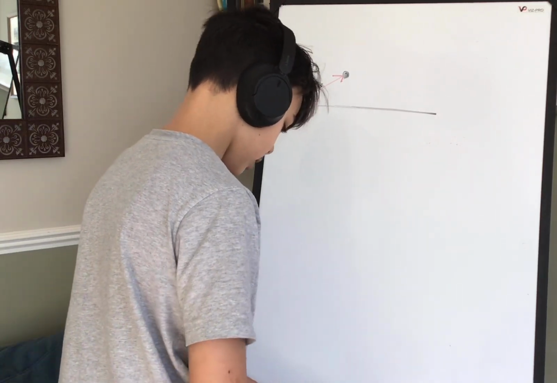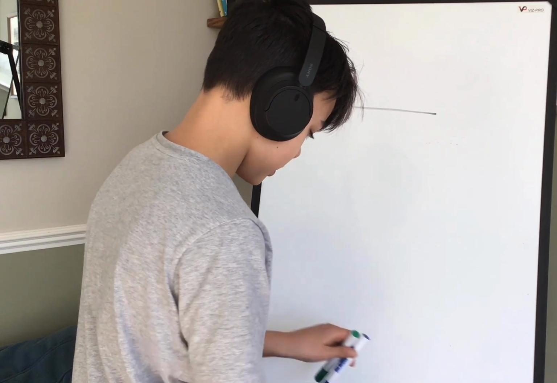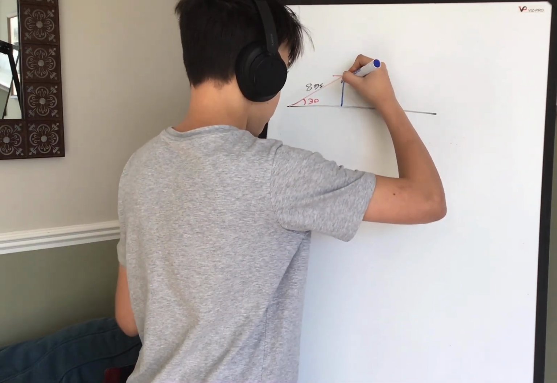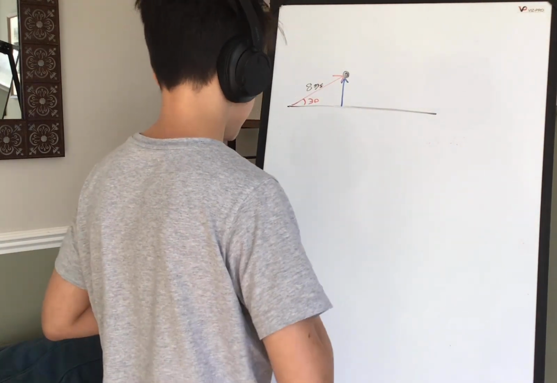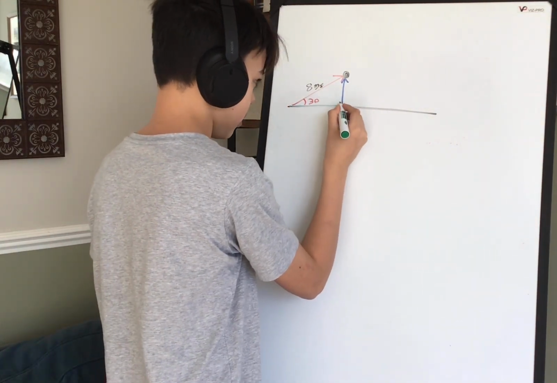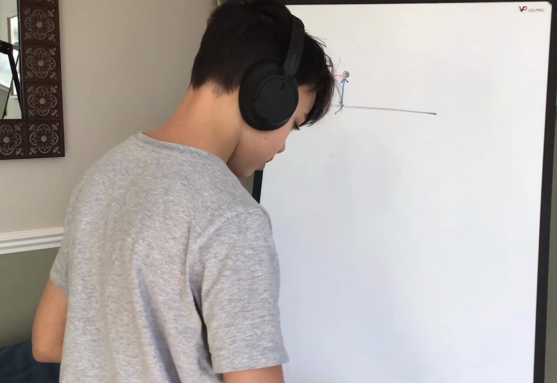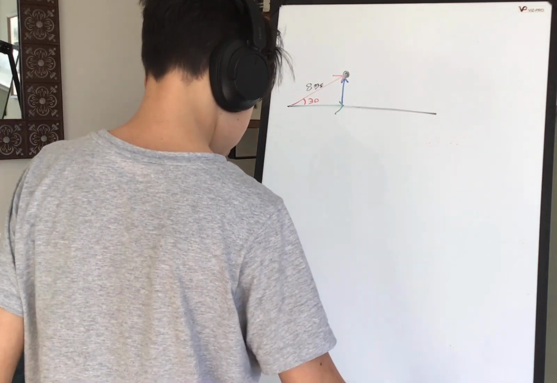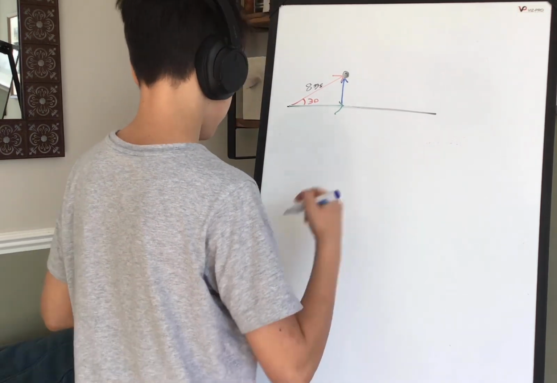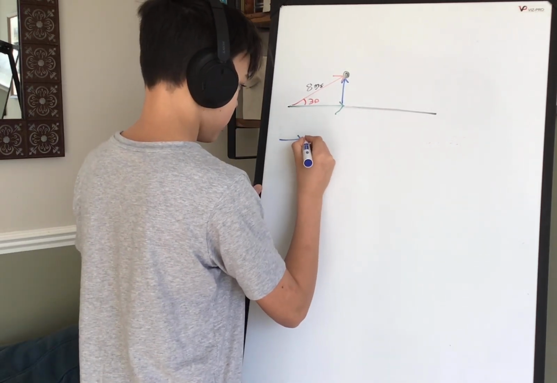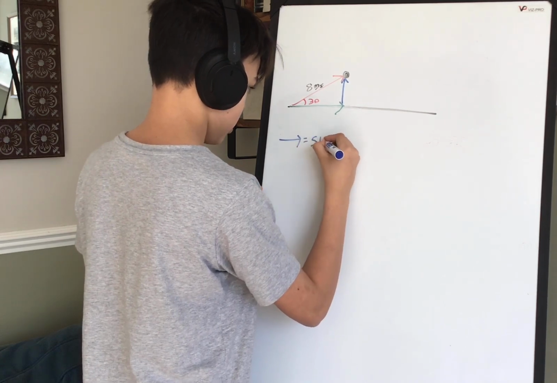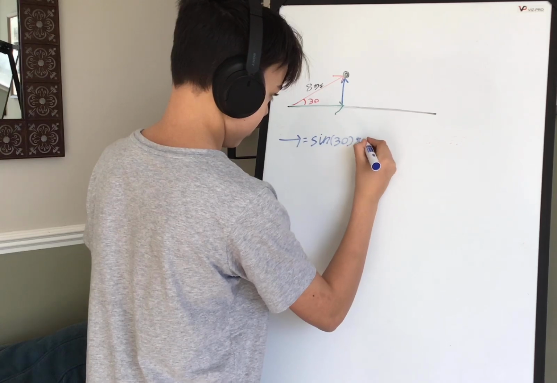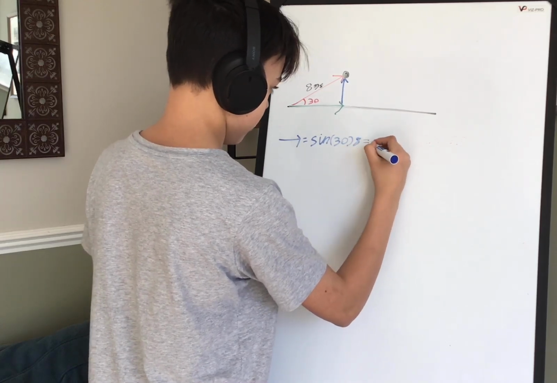Firstly, I'd like to break this initial velocity up into a y component and an x component. We can work these out because we know that the y component will equal the sine of 30 times 8, which will equal 4.